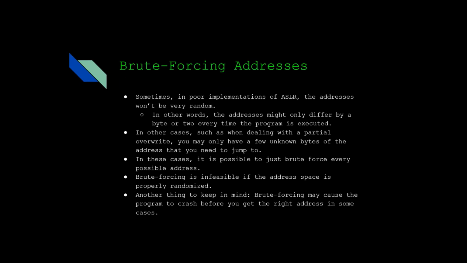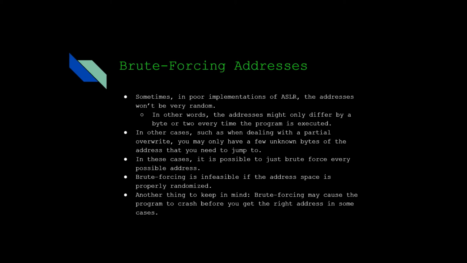Sometimes, in very poor implementations of ASLR, the addresses aren't going to be random. For example, you might only have a byte or two that actually gets modified whenever the program is executed. There are other cases, like when you're dealing with a partial overwrite, where you might only have a few unknown bytes of the address that you need to overwrite or jump to.